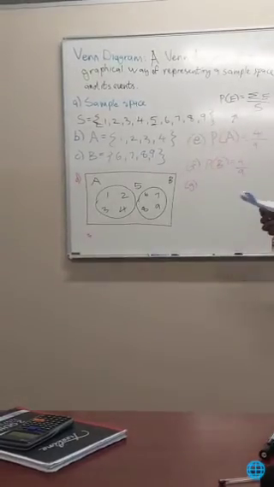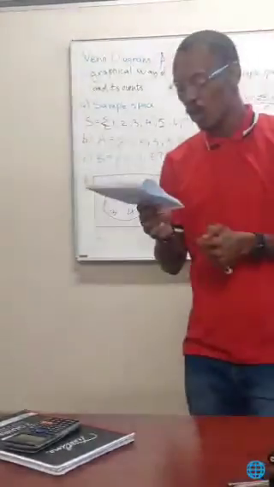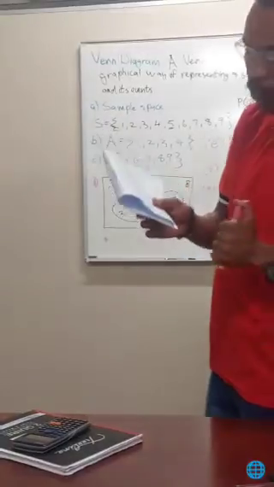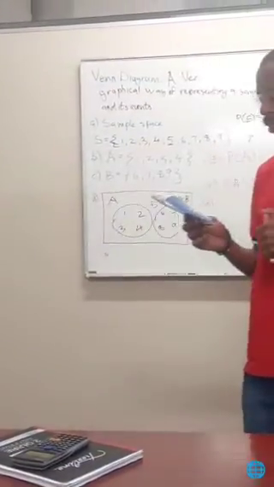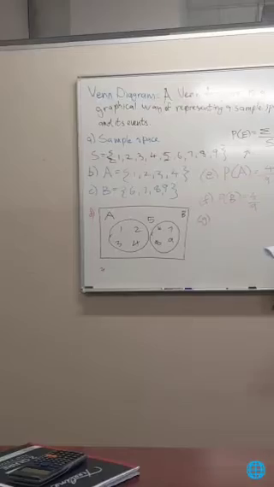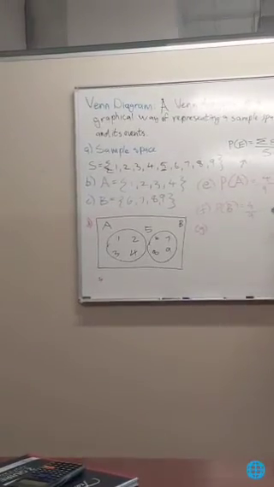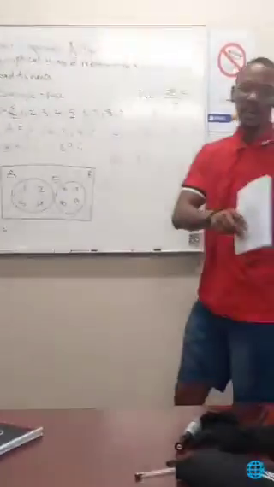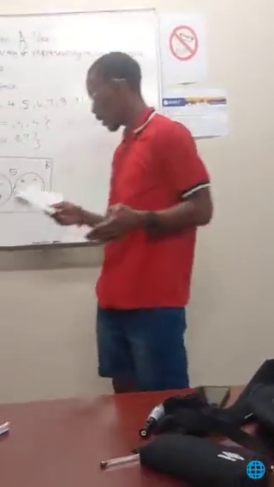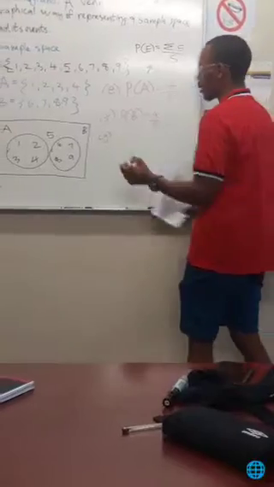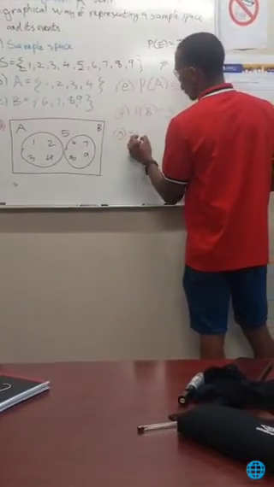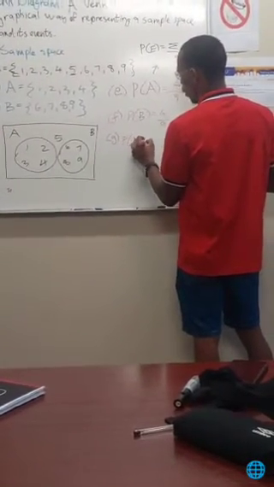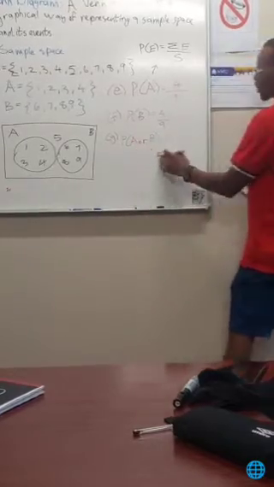And then they might also ask you to calculate the probability of A or B. Right? And here, guys, I want to show you something. When they say probability of one event or another event happening, this is how you represent it. Let's say maybe they say event A or B. Right? So this is what they're asking.